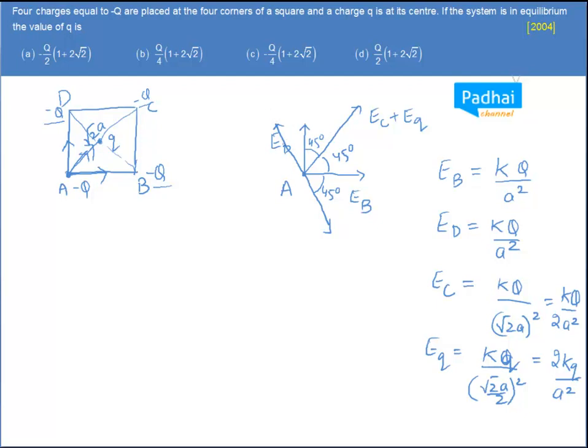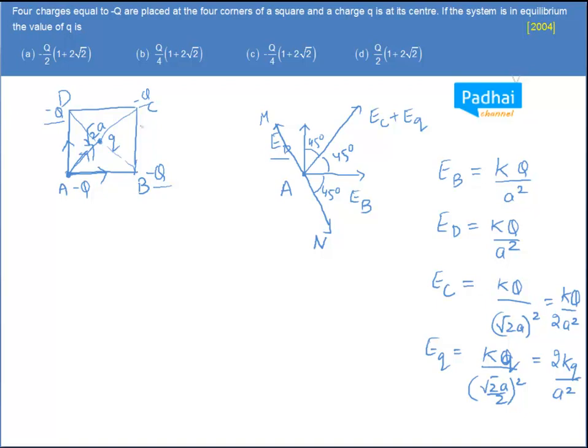Let us suppose this is M and N. Now the electric field along MN will get cancelled out because the component of ED will cancel out the component of EB, right? So we just have to see the electric field along the diagonal.